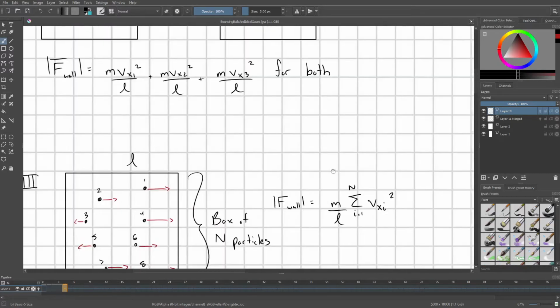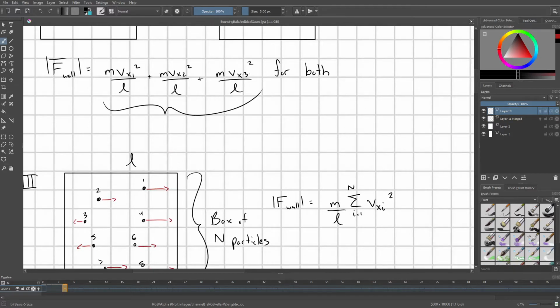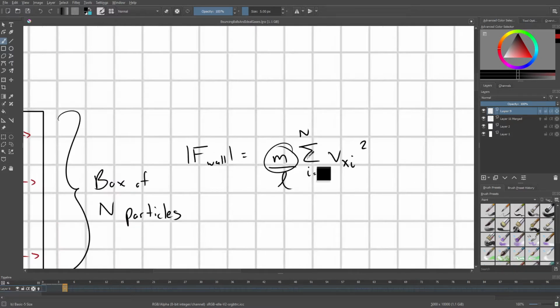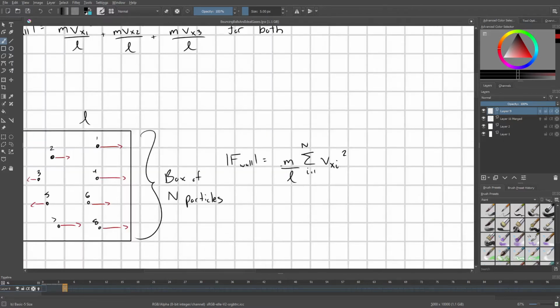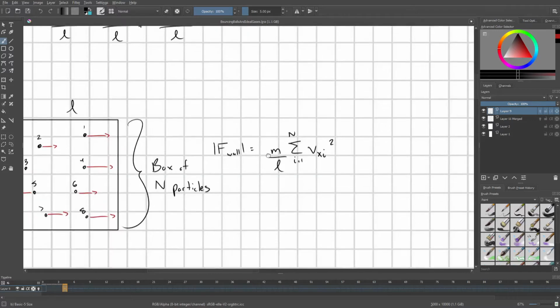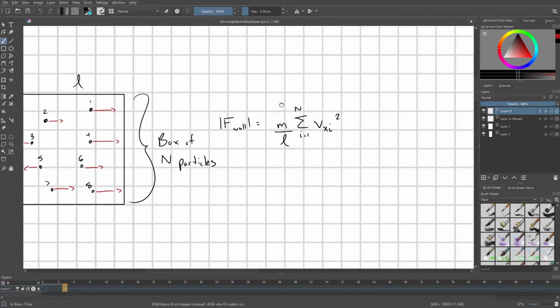That's just taking this guy where we have a small number of particles and converting it into a large summation where each of these particles has the exact same mass, m. If they had different masses, then of course we would have to consider that and we couldn't use just a constant for m. In either case, L is always a constant because the size of the box remains the same. So now that we're here, we just have to do a couple of simple manipulations to get to pressure.